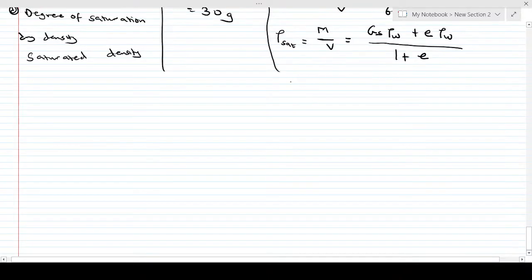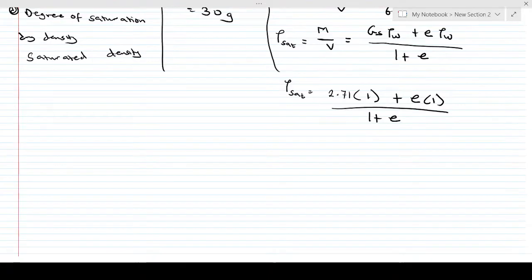The saturated density is simply going to be the specific gravity, which we know is 2.71. It was given. So 2.71 times the density of water, which was given as 1 gram per centimeter cube, plus our void ratio, which we do not know, again times the density of water 1, all over 1 plus E. So meaning that in here we are supposed to find our void ratio, which is E.